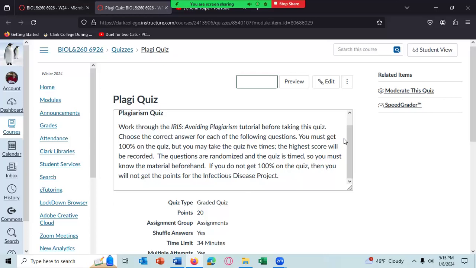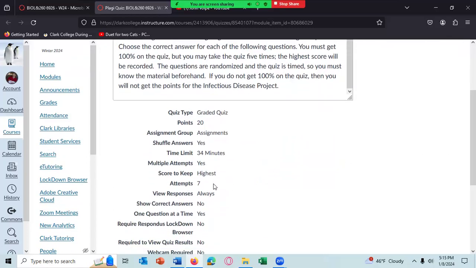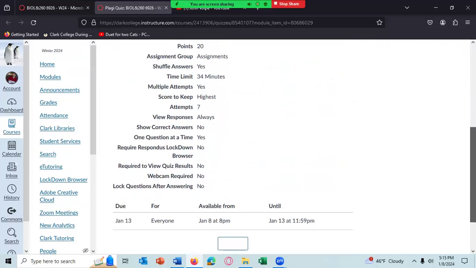However, this plagie quiz may be taken 7 different times, and they'll be the same questions, although the answers may shift their position, but they will be the same questions. So if you don't get it correct, you should simply take it again. Actually, I've never had a student not get 100% after taking it 2 times.